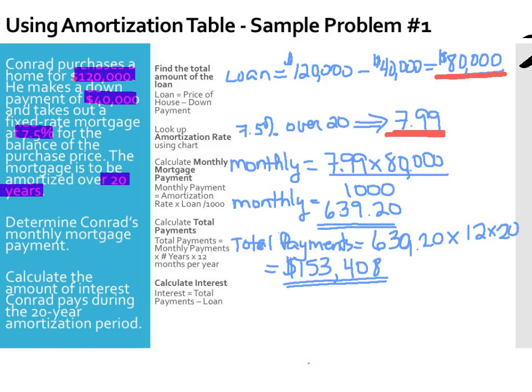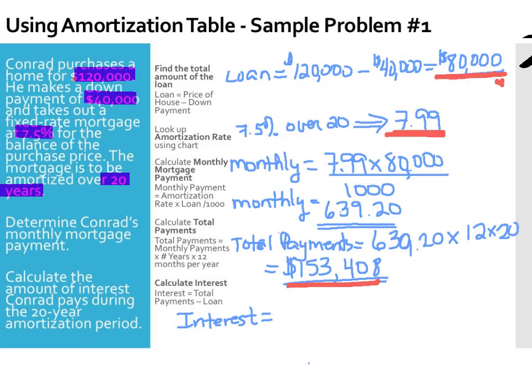Okay, and then to figure out the final step, how much the bank made, the total interest paid is going to equal what I paid for the loan in total minus the amount that we borrowed, which is up here.